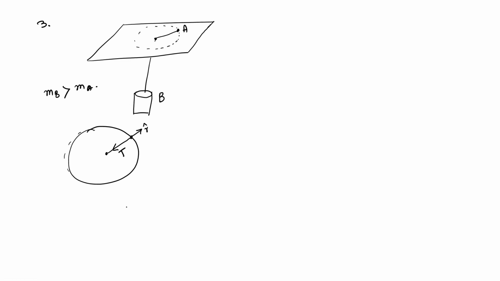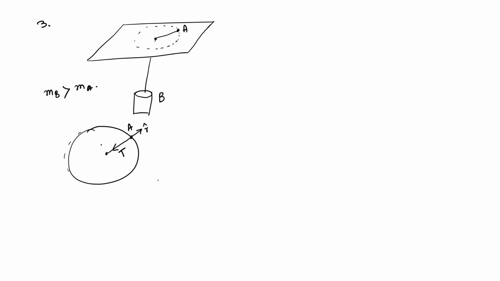So, there is a tension that is there, for the mass A, and this tension is supported by the radial acceleration, because that is why it is executing the motion along the circular plane.